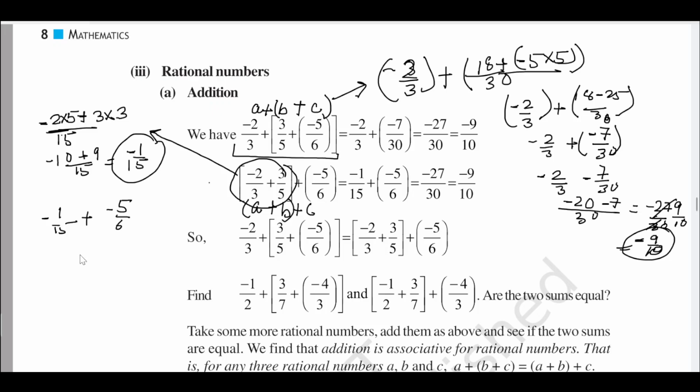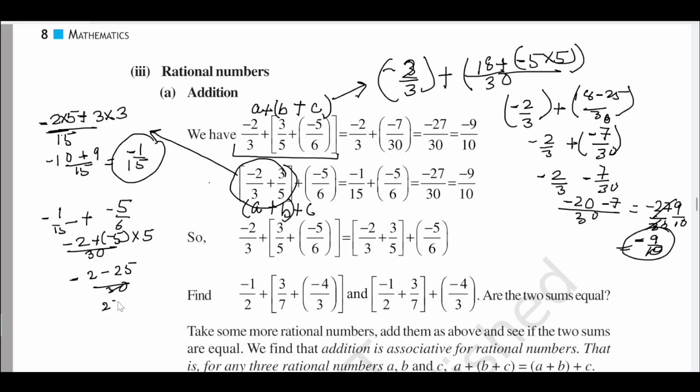Okay, so LCM we will get 30. So minus 2 plus minus 5 into 5. So minus 2 minus 25 by 30.